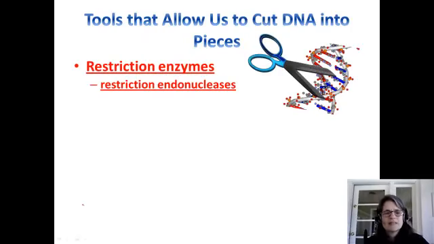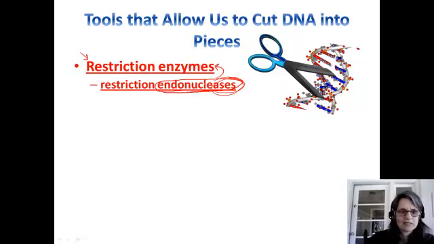These enzymes are called restriction enzymes, and scientists, human beings, have learned to harness these restriction enzymes that are made by bacteria and to use them as we need them to cut DNA into pieces. Another name for these restriction enzymes is restriction endonucleases.